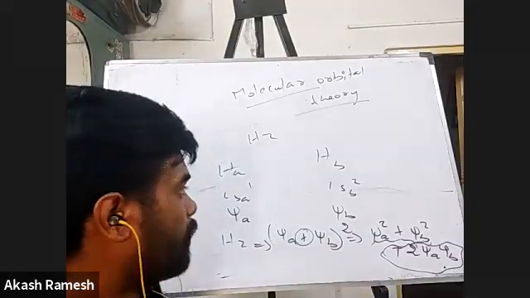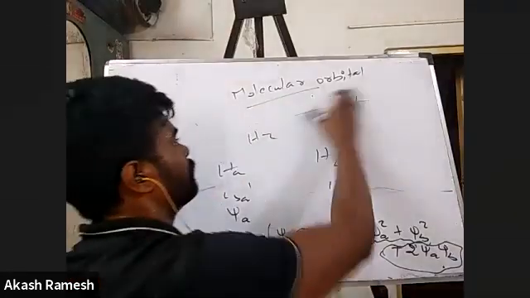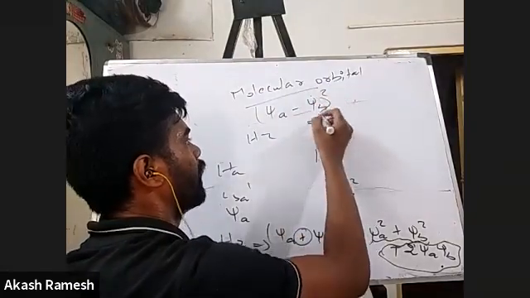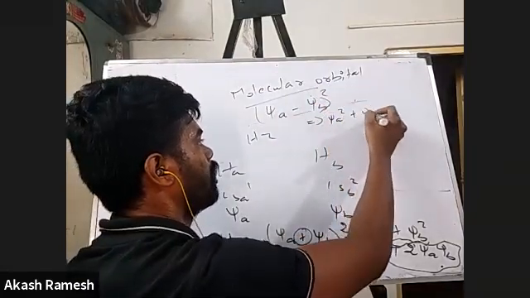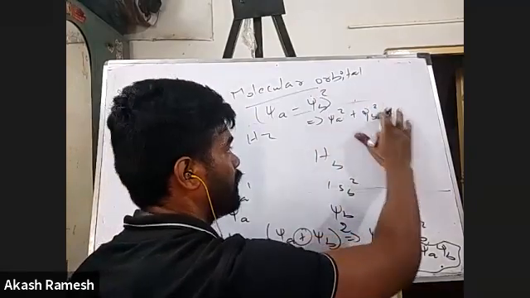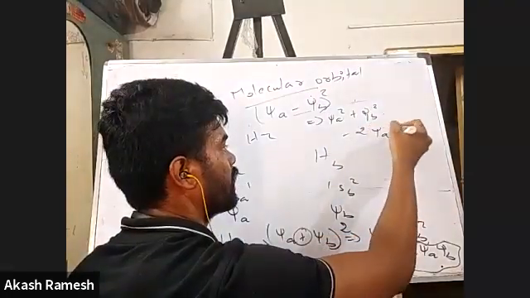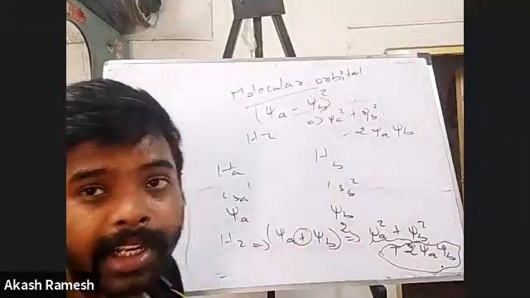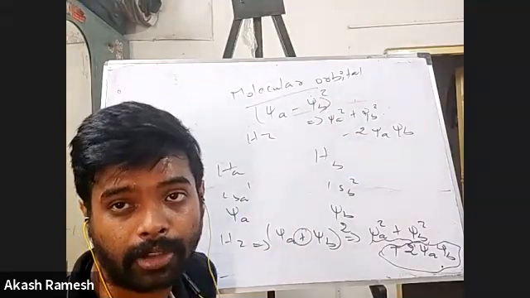So in that case, what will happen? Say if I write psi A minus psi B, the whole squared, again, I know what I will get: psi A squared plus psi B squared minus 2 into psi A into psi B. So again, you can see that here I'm going to have a negative sign indicating that it is going to have destructive interference.